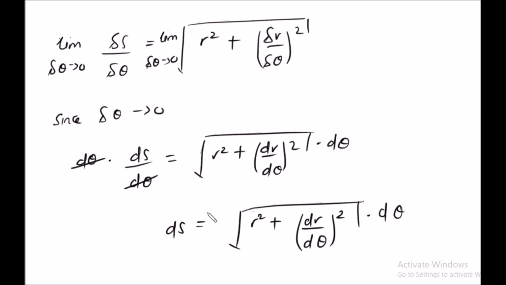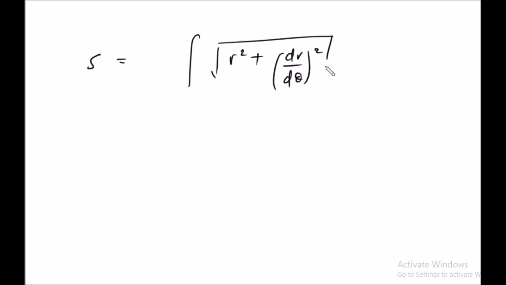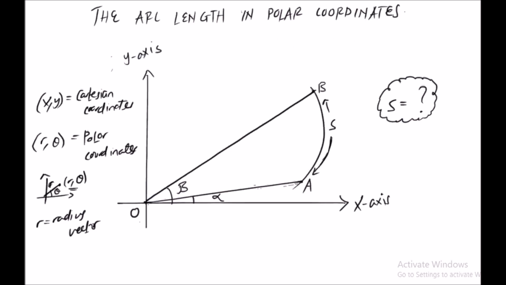So I'm going to integrate both sides huku na huku. So integrate upande wa huku nabaki na s ni sawa na the integral of the square root of r squared plus (dr/d theta) squared d theta, from theta is equal to mpaka theta is equal to, tutakuja kwenye swali kwenye mchoro ule wetu wa awali.